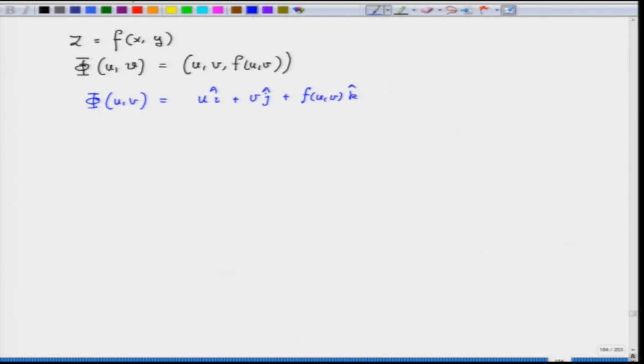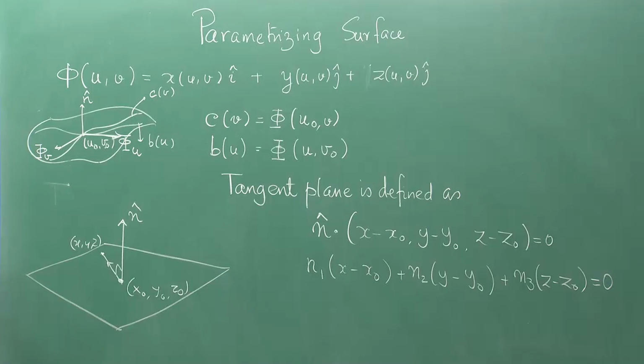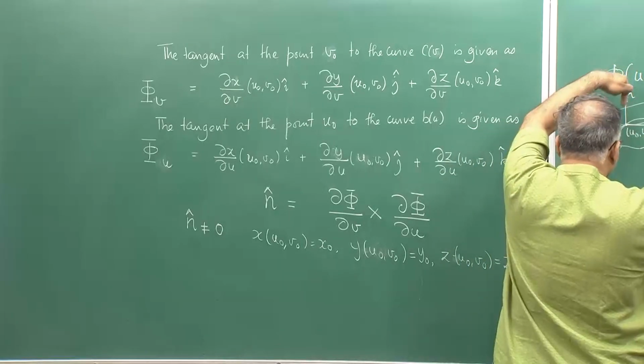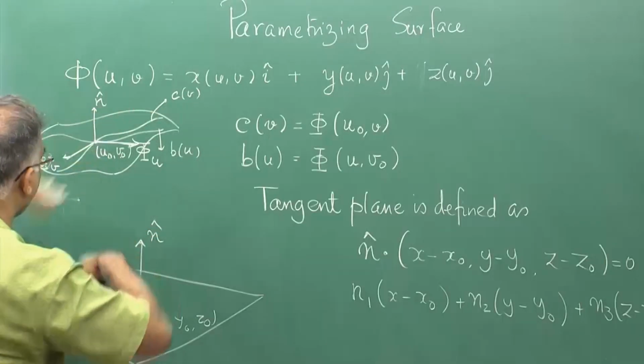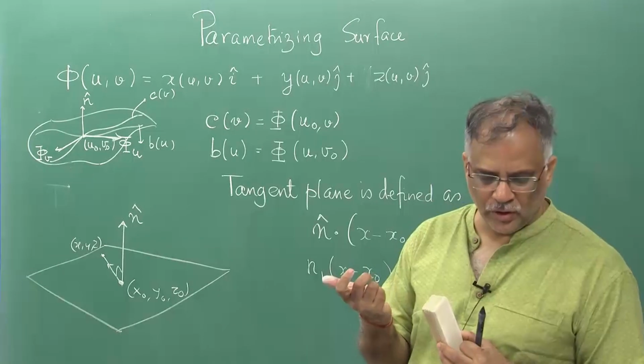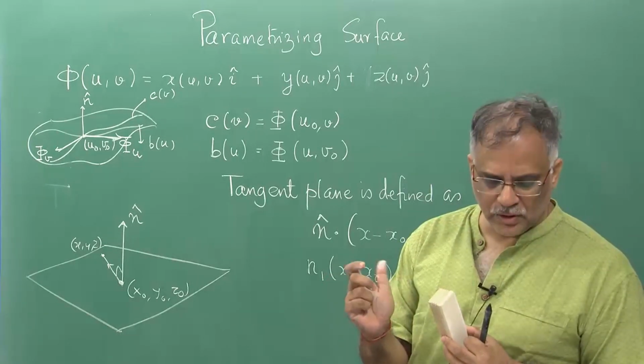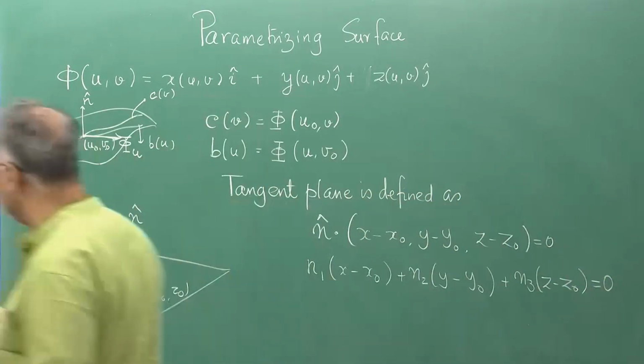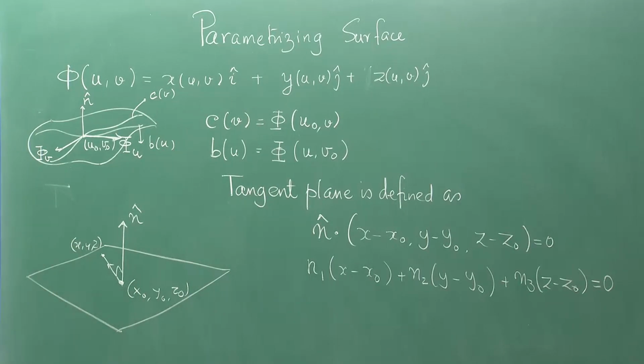You can take it in this way or that way, it does not matter, because if you just change it, there will be a change of sign, n will go in the opposite direction, but the tangent plane should remain the same. We will go by the definition, which is u cross v.